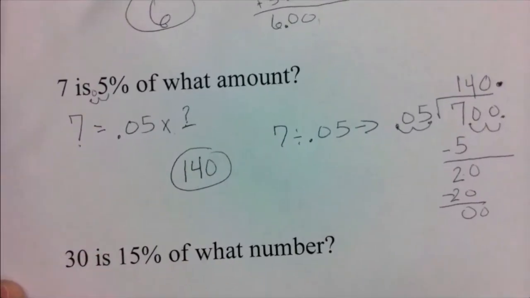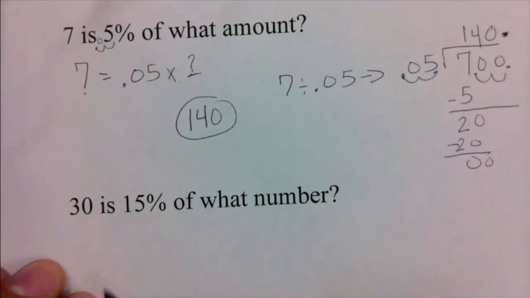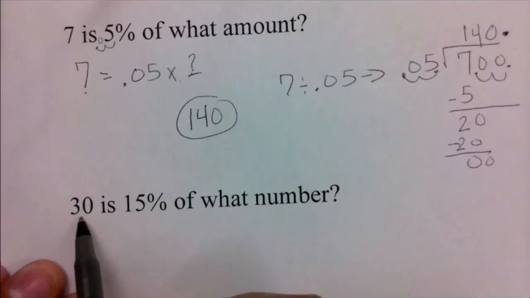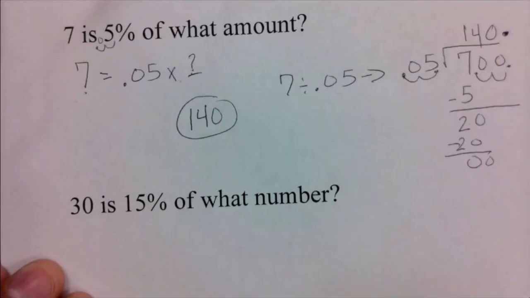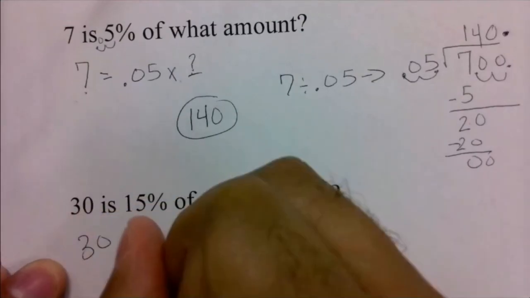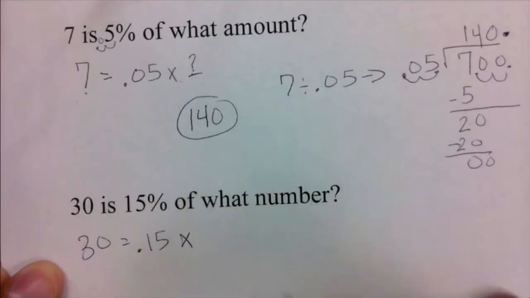All right. Let's do the same thing for our next problem. 30 is 15% of what number? So 30 equals 0.15 of what number?